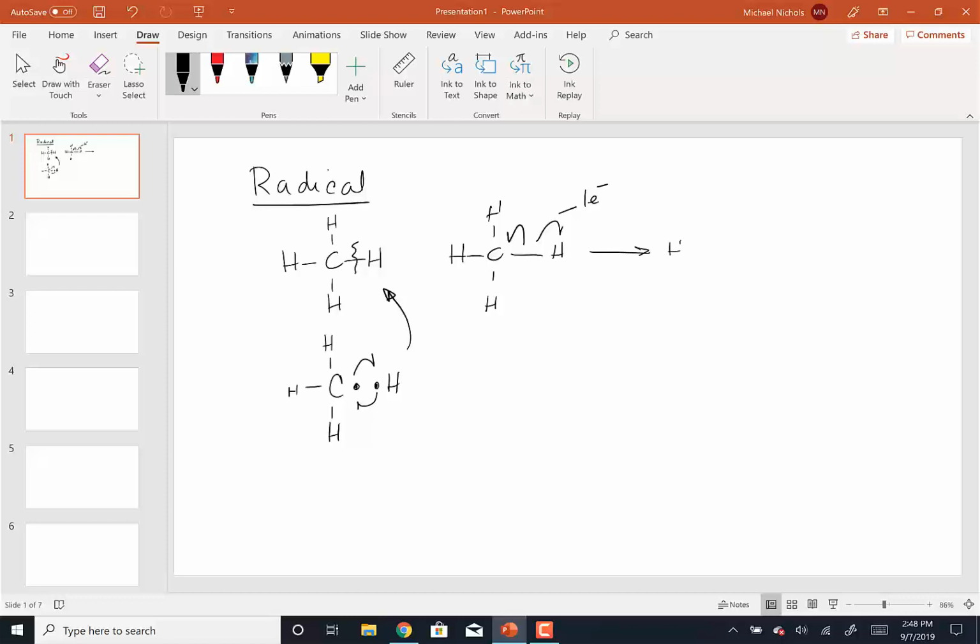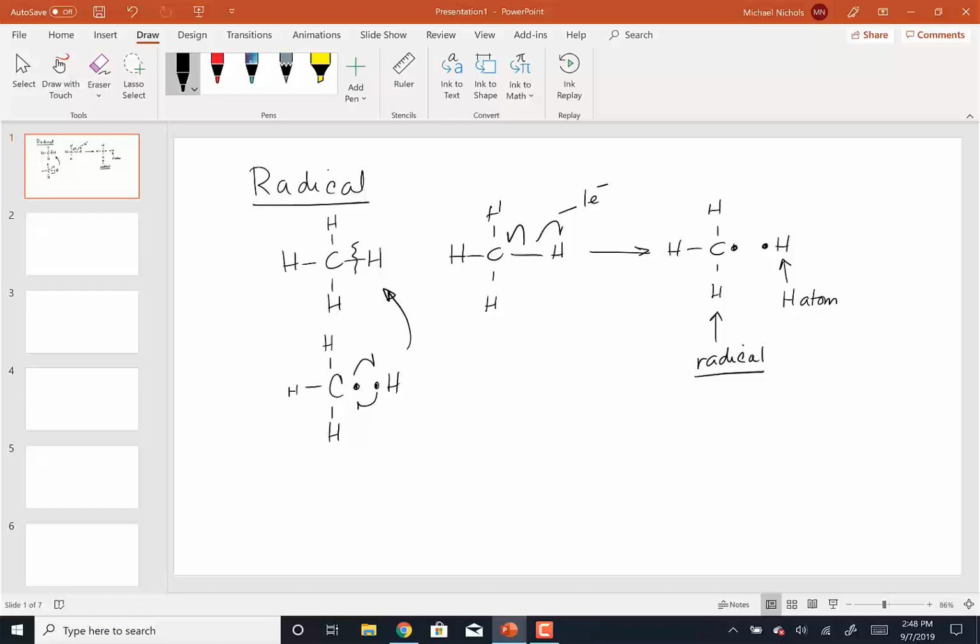So at the end of this, I would have a carbon with its unpaired electron and a hydrogen with its unpaired electron. Now, the hydrogen with the unpaired electron is nothing more than a hydrogen atom. The carbon with the unpaired electron I would call a radical.